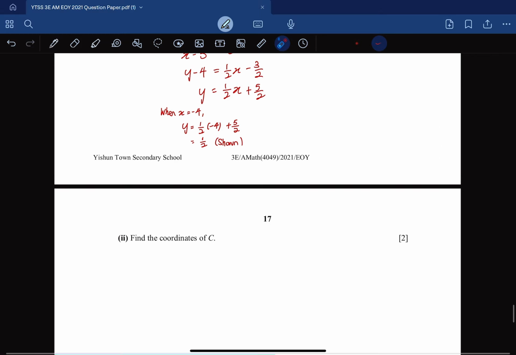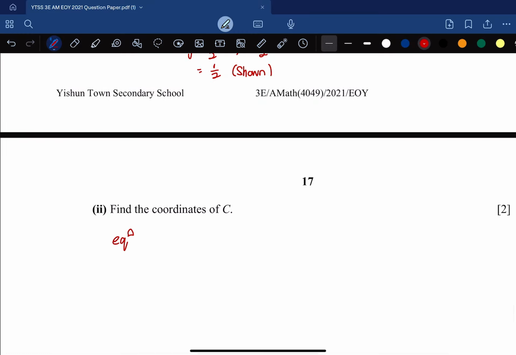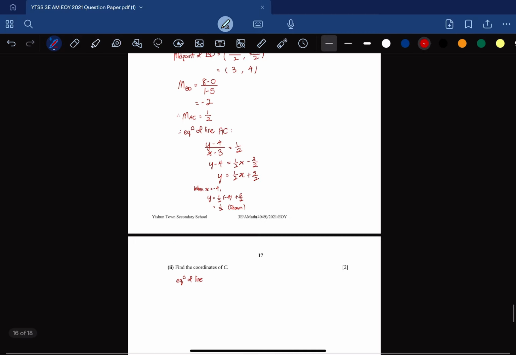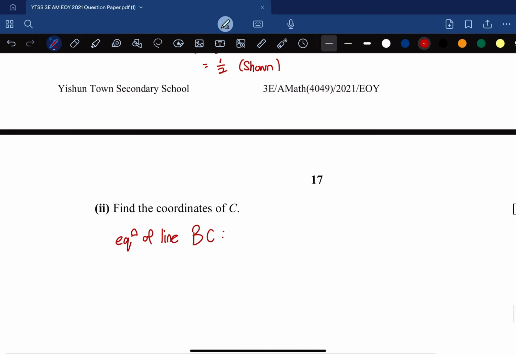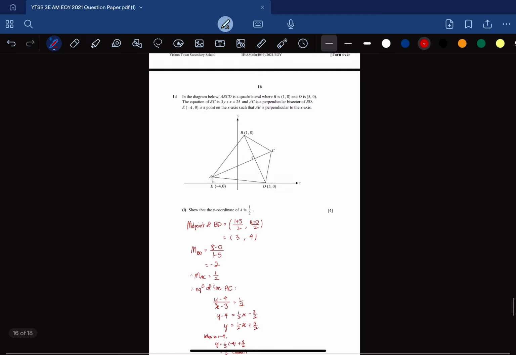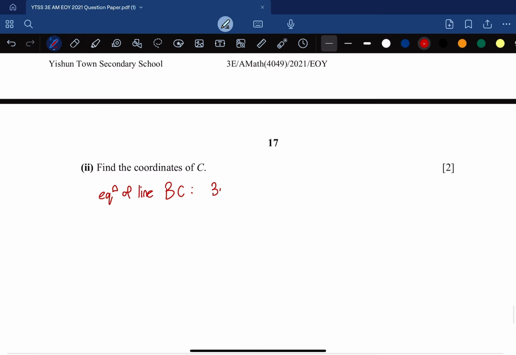The equation of line BC is given as 3y plus x equals to 25. I can rewrite this equation: 3y equals to 25 minus x, y equals to (25 minus x) over 3.